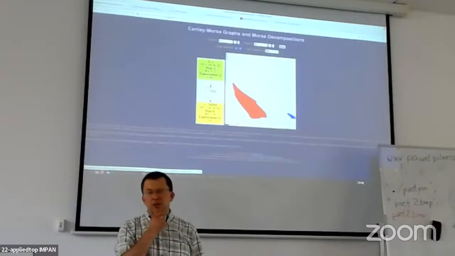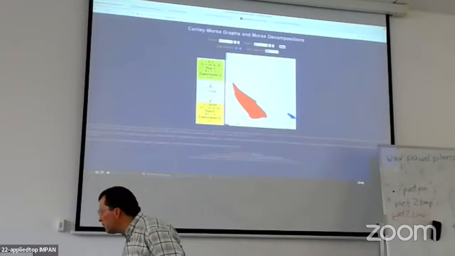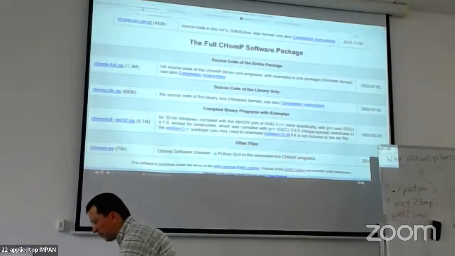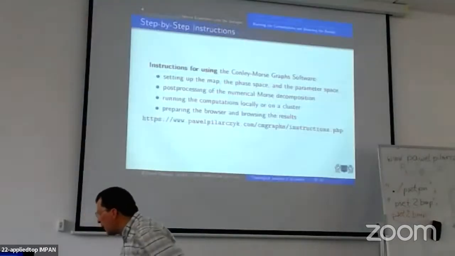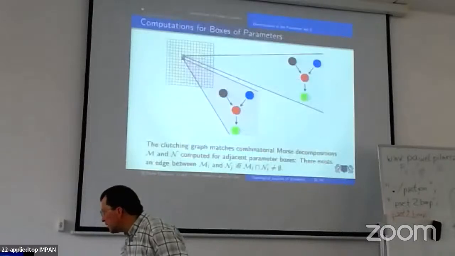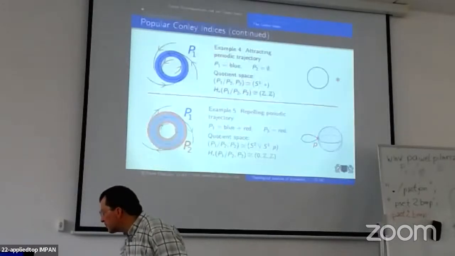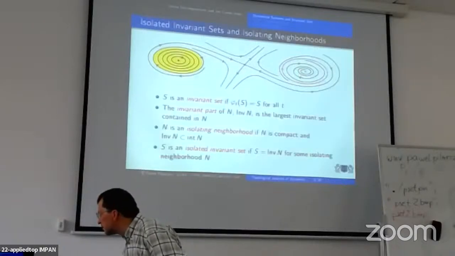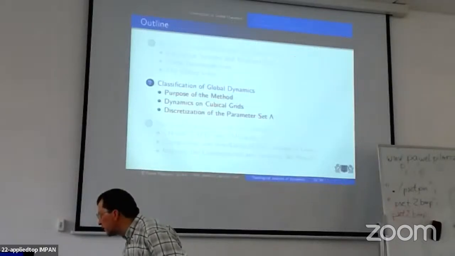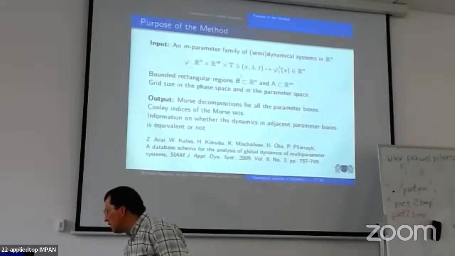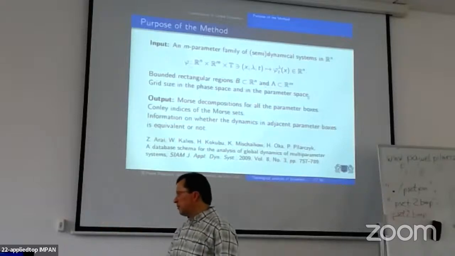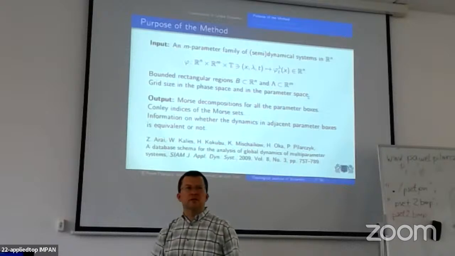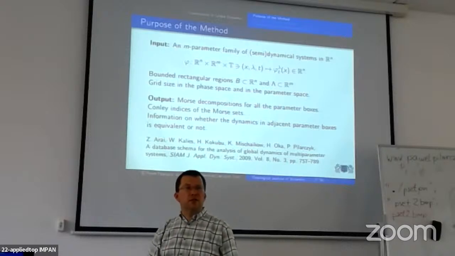Here, the assumptions on the map are very mild. I probably didn't emphasize this too much, but in the general method, there is not even an assumption of differentiability, just a continuous map.